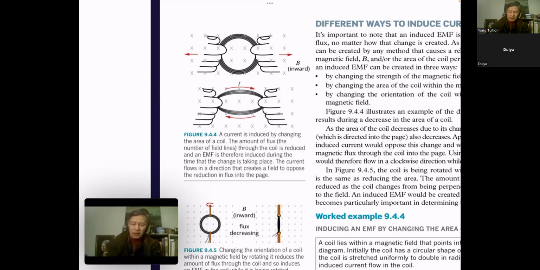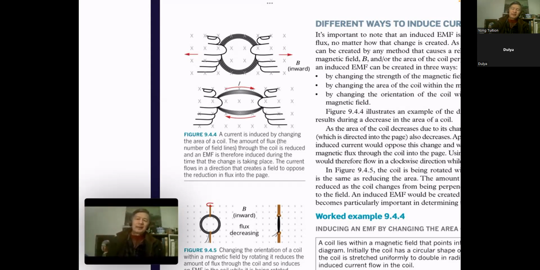Can you imagine if you stretch this coil, eventually the area becomes 0, right? So compared with the original area, A is decreasing, but the magnetic field is constant, right? However, relatively speaking the field is getting weaker. Sorry, the magnetic flux is decreasing, although B is constant this time.